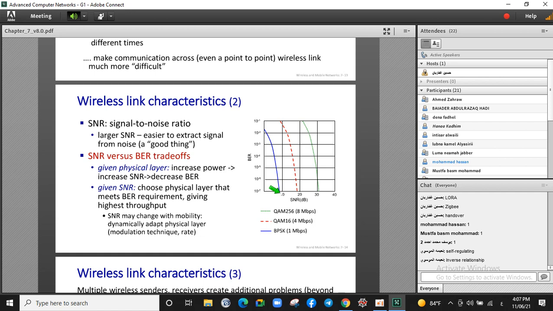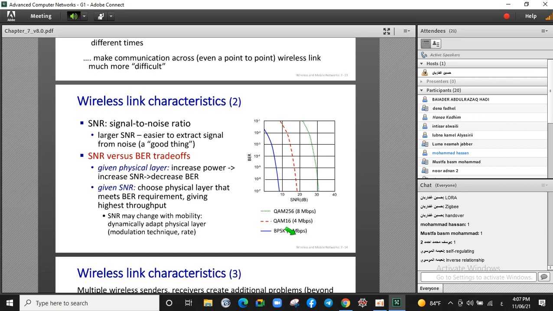So I change the modulation technique in my network and use stronger techniques, but with lower transmission rates.